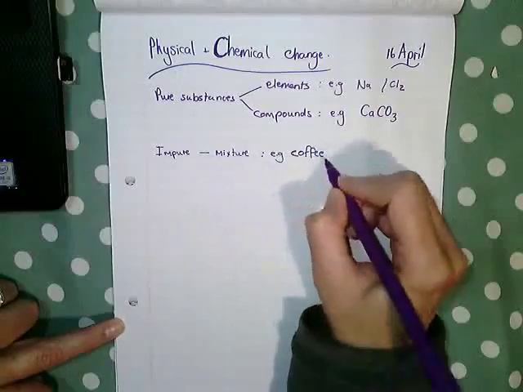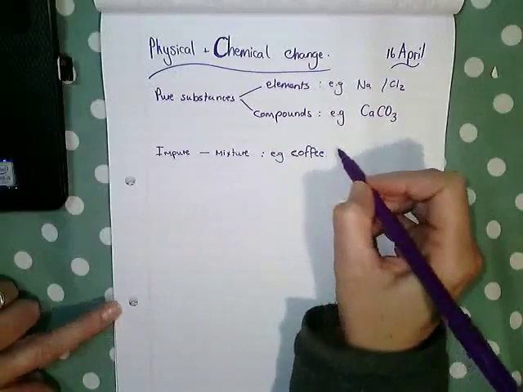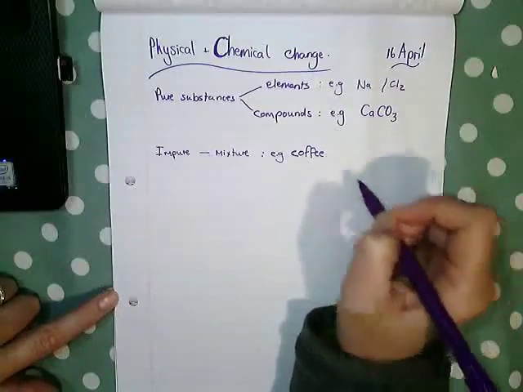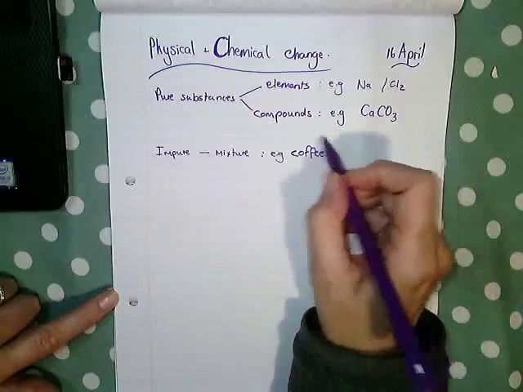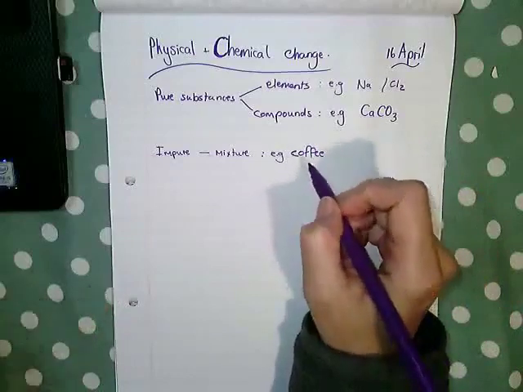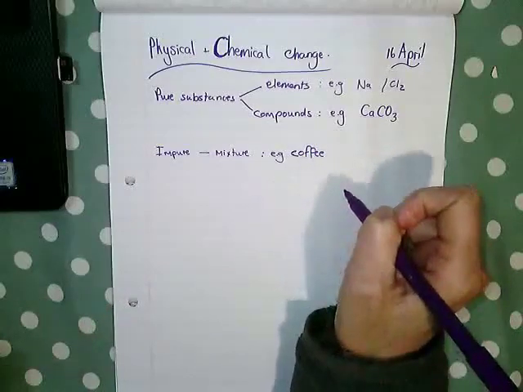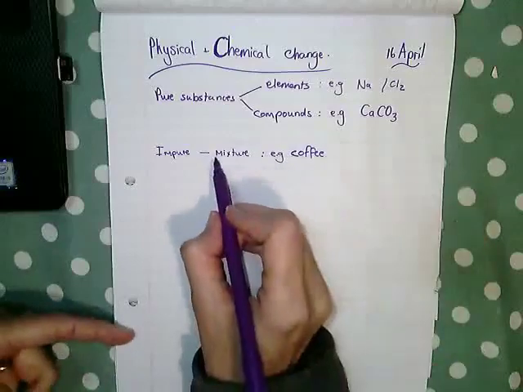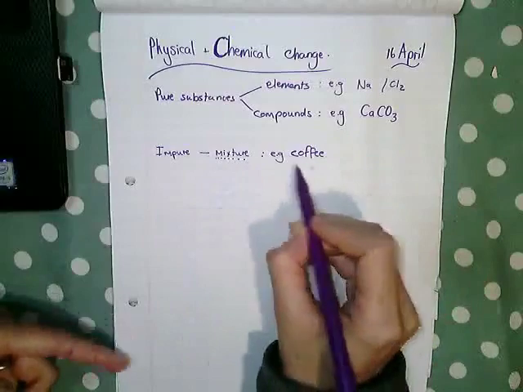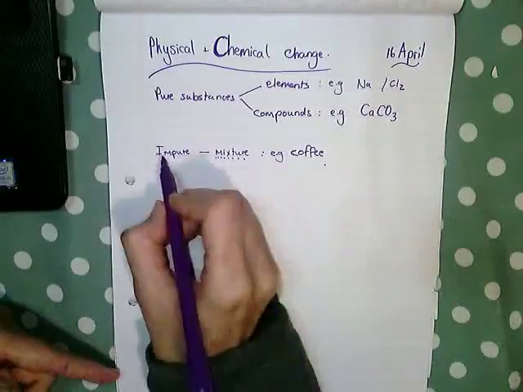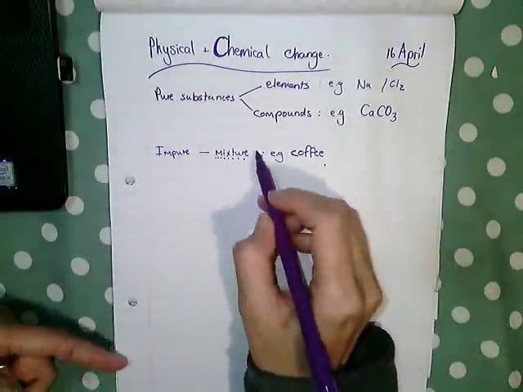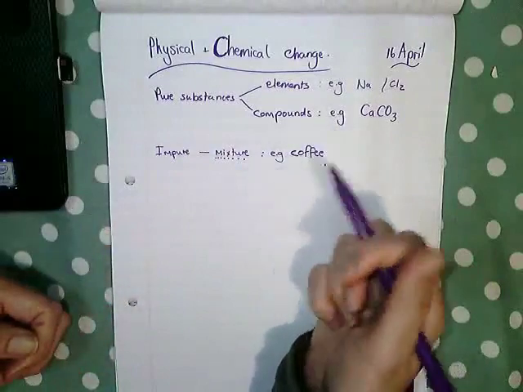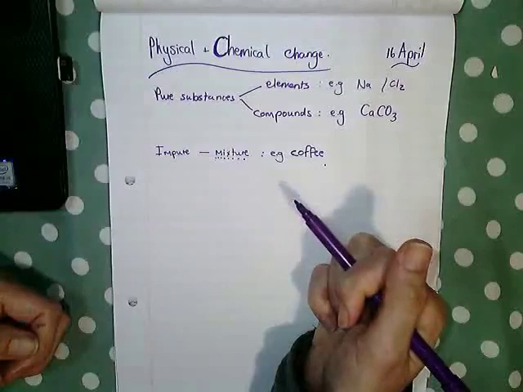Some people have coffee with 1 spoon of coffee and 1 spoon of sugar and a bit of milk, and some people don't take any milk in it with 3 spoons of sugar. But both people, even though the mixture differs, it's still coffee. So that's an impure substance. It's a mixture where the composition can be different for the same mixture.